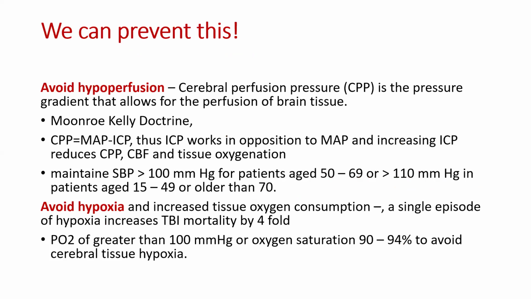We can prevent this from happening by avoiding hypoperfusion. We have already talked about the cerebral perfusion pressure and the Monro-Kelly doctrine, which we are not going to repeat at this point. We have to avoid hypoxia and increased tissue oxygen consumption. How do you avoid increased oxygen consumption?